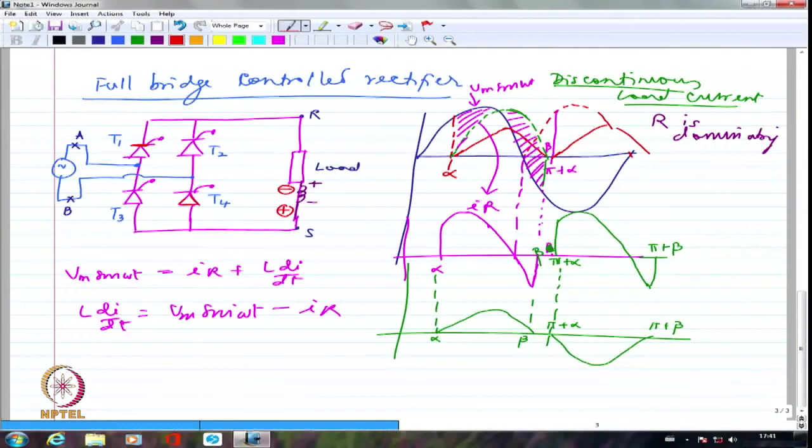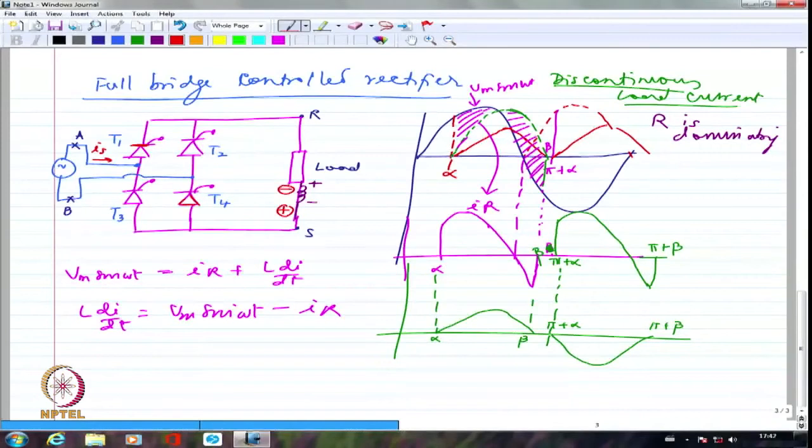That is the reason why conduction is possible through T1 and T4. And remember, only when T1 and T4 conduct is my IS flowing in this direction. When T2 and T3 conduct, the IS will flow in the opposite direction. Get my point?